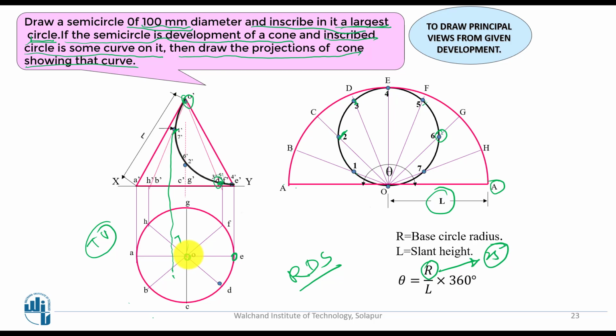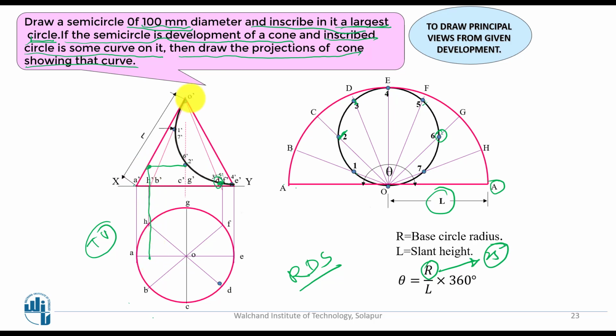The difficulty is with this particular point. To transfer this particular point you require some more information. You are expected to transfer this on this one. So 2 points you have transferred here. Then you bring that particular point onto this one because it is on the OA line.